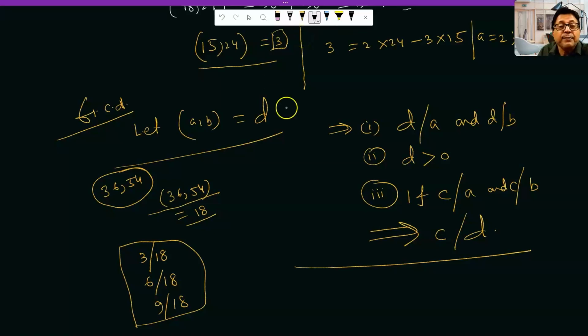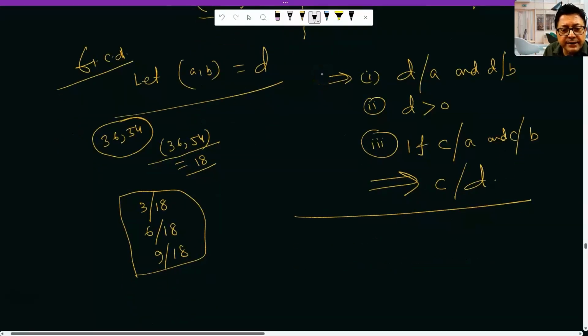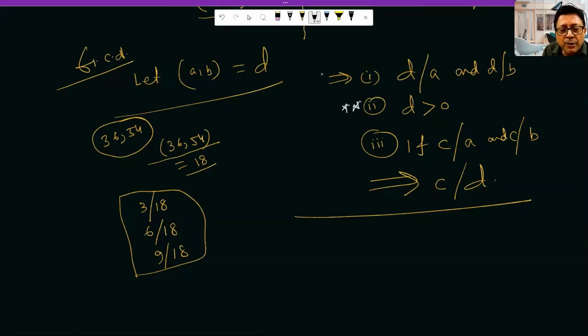And another very important concept: GCD can never be negative. GCD is always positive. Okay? Let us understand it with some examples. Suppose you are considering GCD of 4 and minus 20. This is equal to 4.